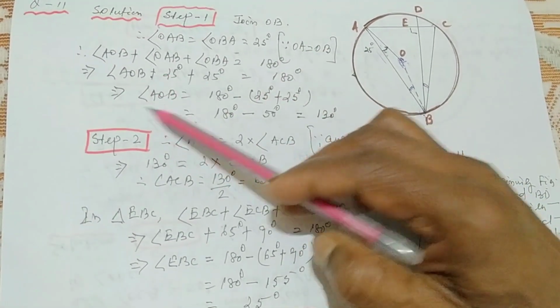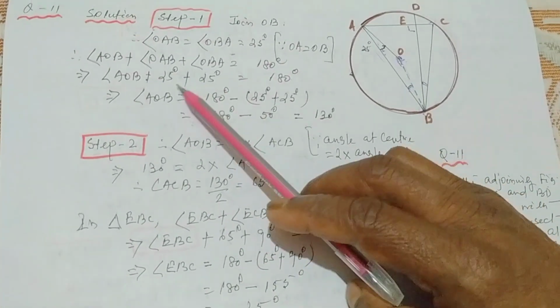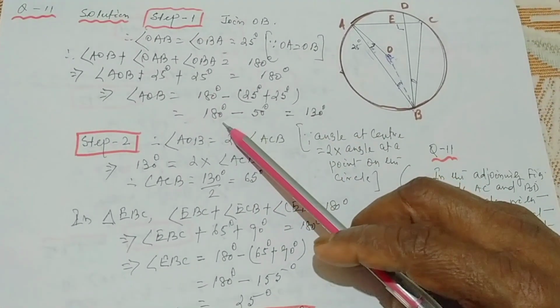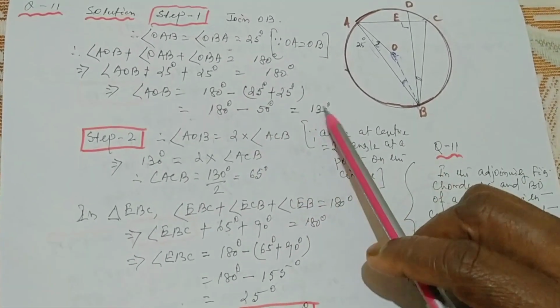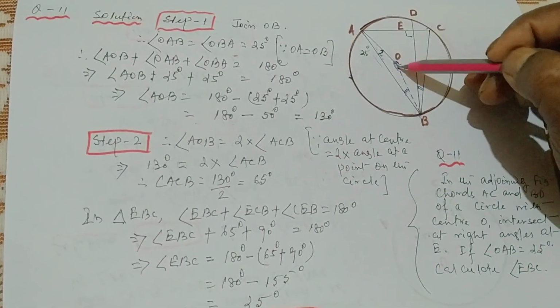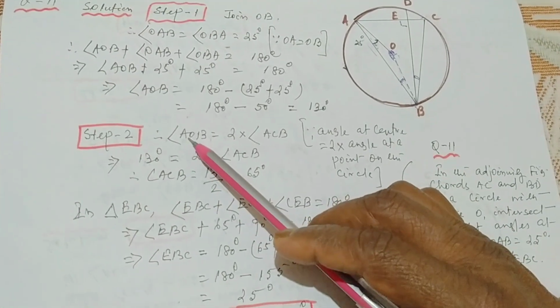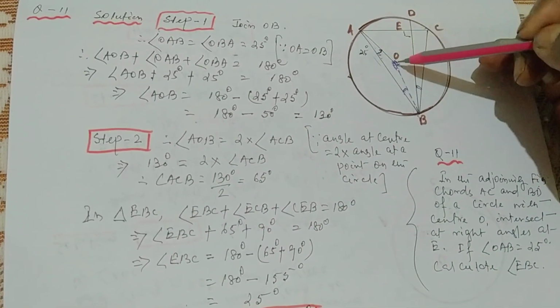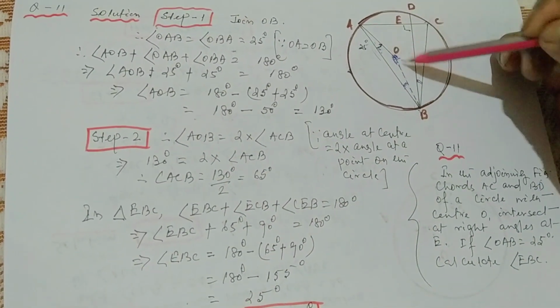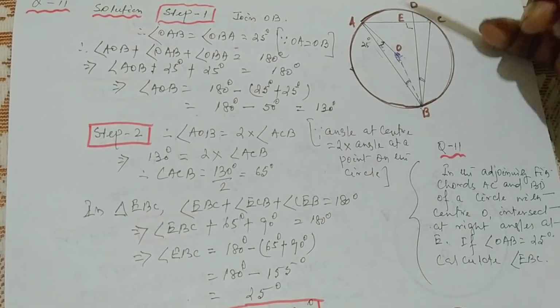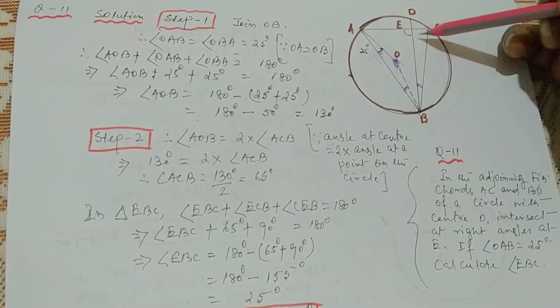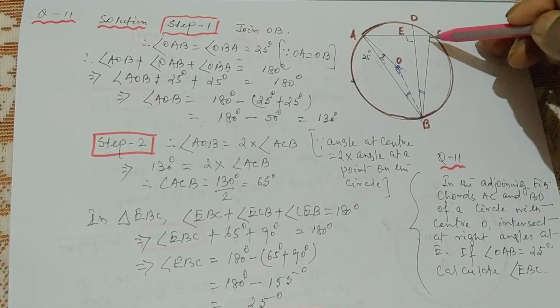So now angle AOB is equal to 180 minus sum of these two angles, that is 180 minus 50, that is 130 degree. The value of this angle is 130.